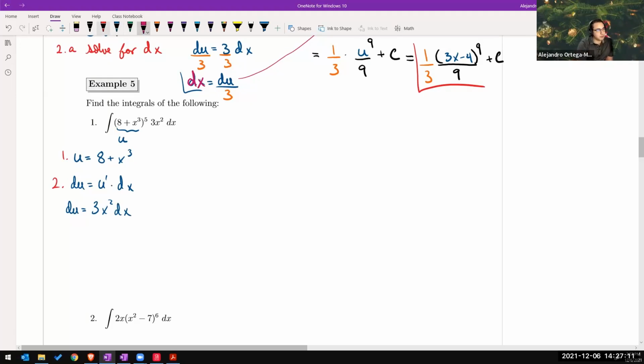And the extra step here that I mentioned was to solve, what did I call it? Yeah, we solve for dx. So if I want to get dx by itself, it looks like I would need to divide by 3x squared. So dx is equal to du over 3x squared.